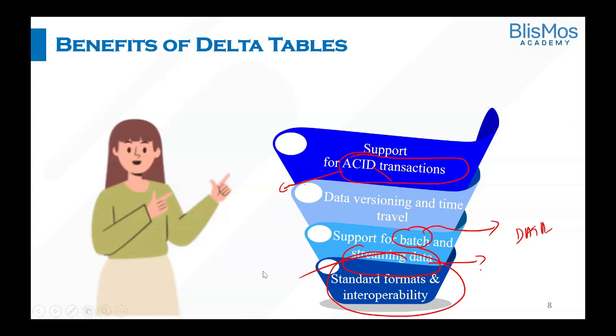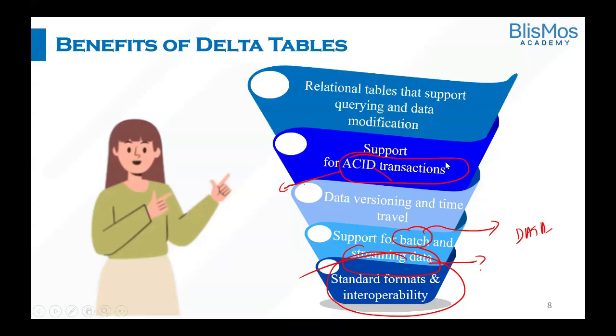So, on a Parquet file, delta tables are enabling ACID transactions. Parveen, you are able to get it, right? Yes, sir. In a way, it acts like a table for you. So delta tables allow you to look at the Parquet files as relational tables and support querying and data modification. Tell me one thing. Whenever you query data from a SQL endpoint, can you modify the data there? No, sir, we cannot. But here we can modify the data. These are the important benefits of the delta table.